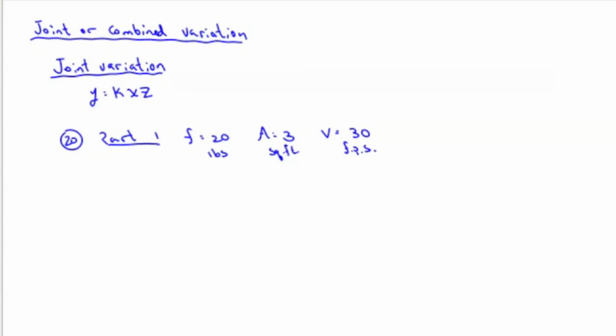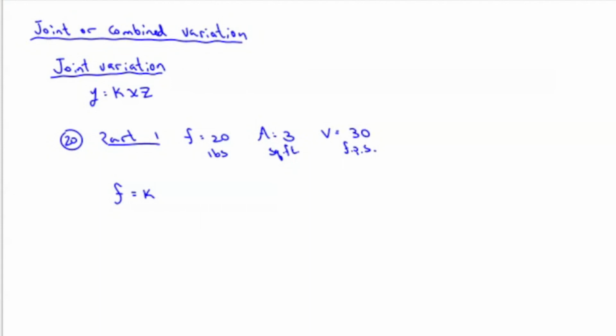So what is the setup of the format? The force on a blade of a wind generator varies jointly. So force varies jointly as the product of the blade's area and the square of the wind velocity. Product means they're going to be multiplied and not divided.